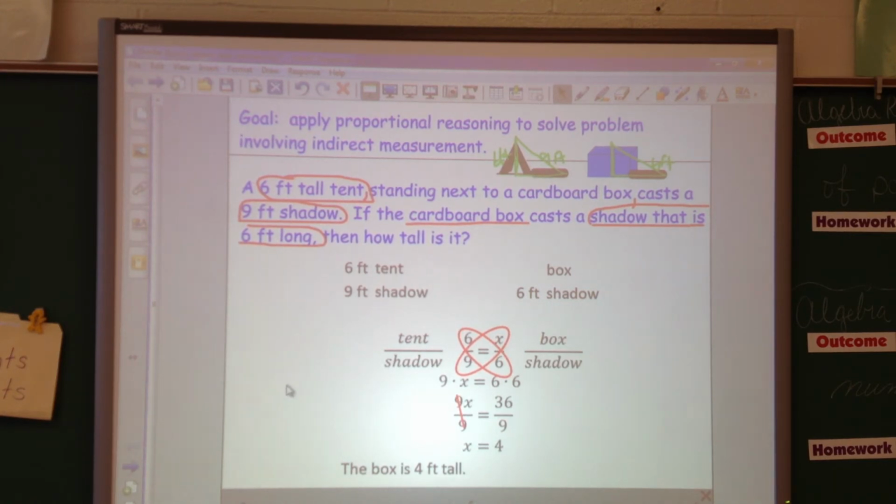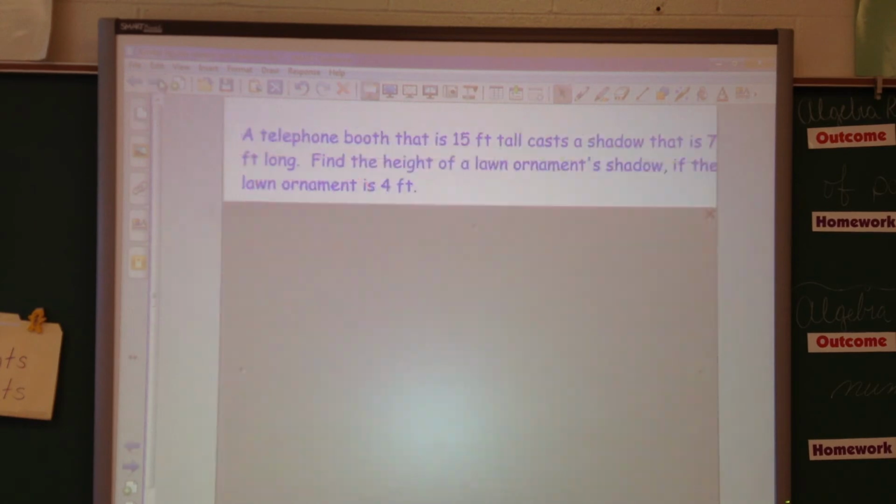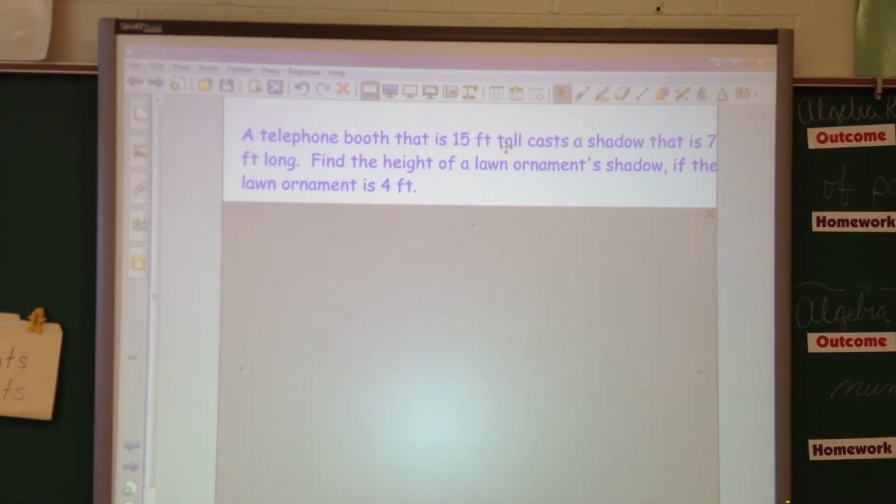For our second problem, we have a telephone booth that is 15 feet tall, and it has a shadow that is 7 feet long. Again, I've got a tall and a long, so it's making like an L shape.